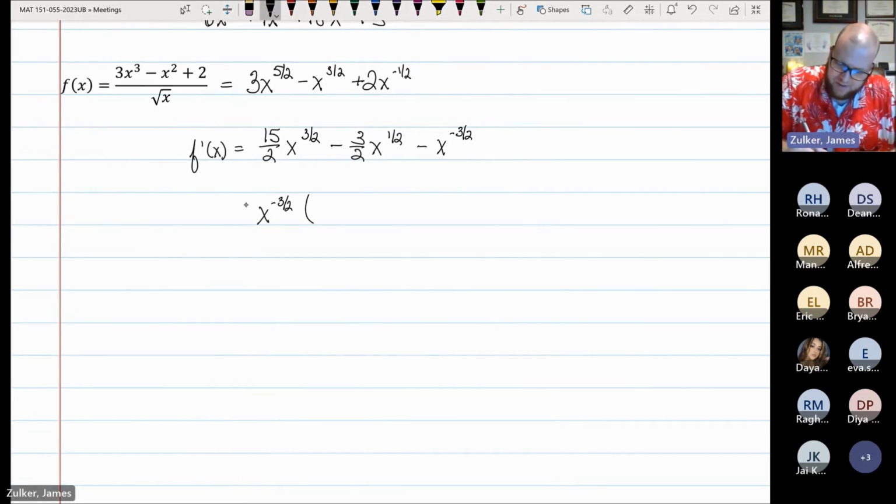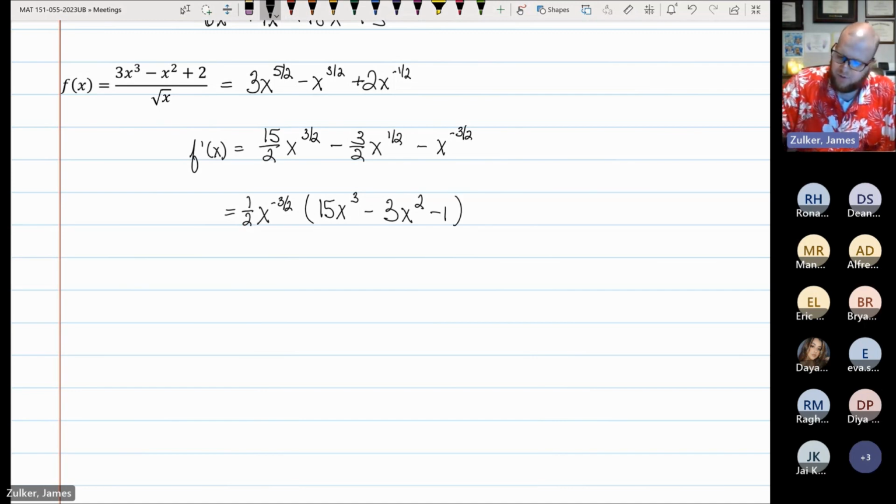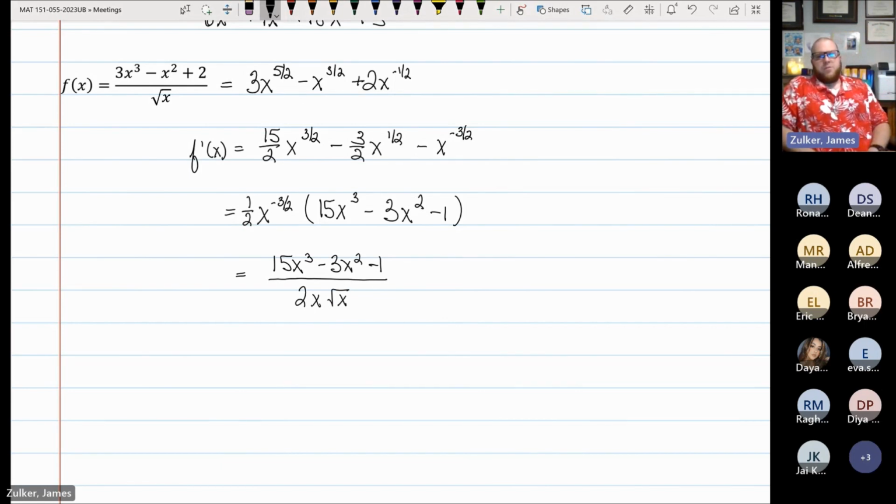Factor out a 1/2 even, x to the minus 3/2. 15x to the third minus 3x squared minus 1. And that'll be over 2x root x.